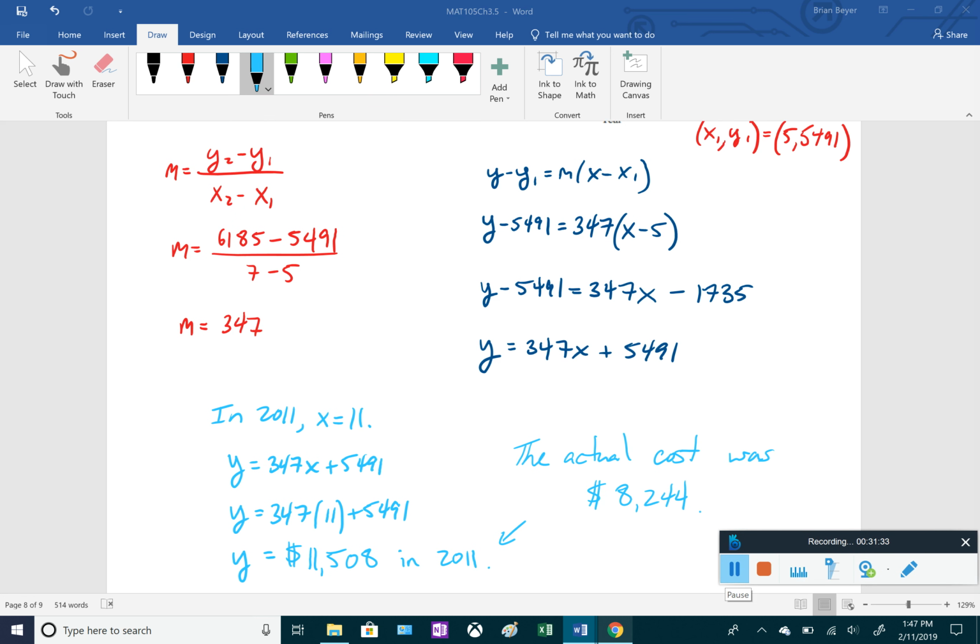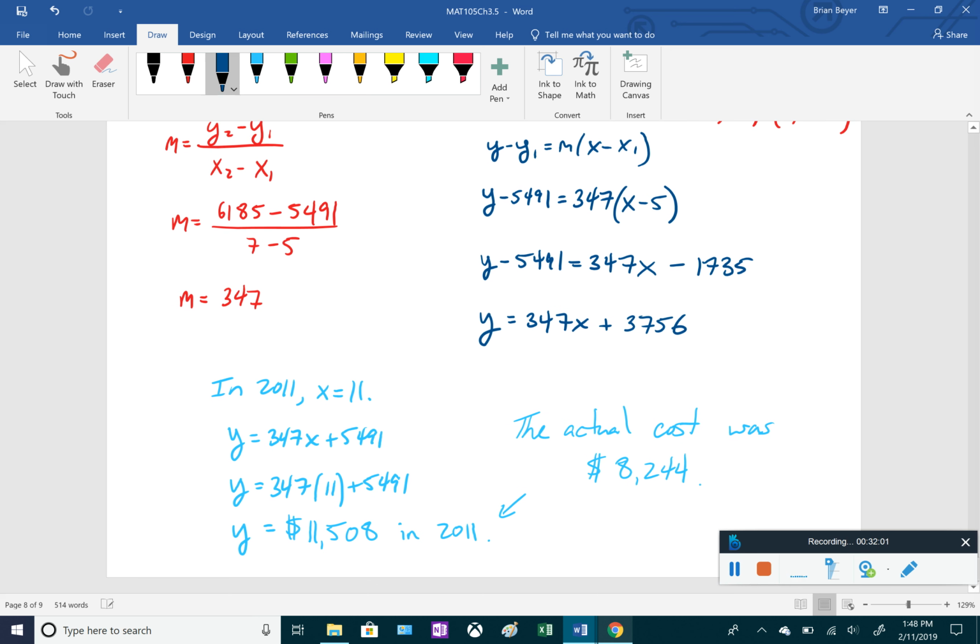Actually, I made one more mistake here. I promise it's the last mistake. So this slope right here, when I added 5,491 to both sides, I forgot to subtract the 1,735. So this y-intercept technically should have been 3,756.